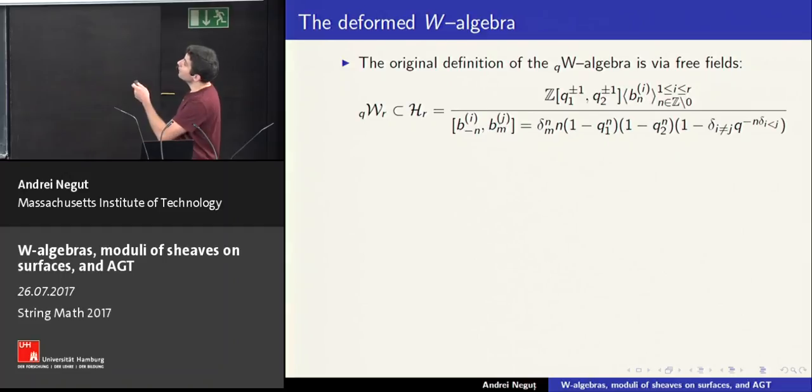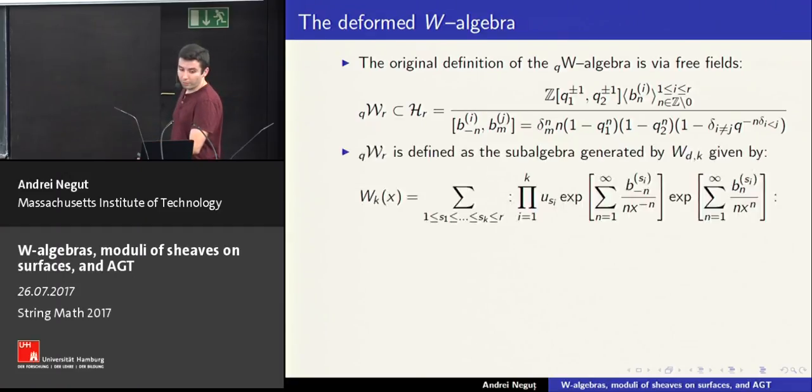So the Q-deformed W-algebra of type GL_R, by definition, is a subalgebra of a big Q-deformed Heisenberg algebra, which I call H_R, which is just like the Q Heisenberg algebra before, but instead of having a single family of bosons, it has R families of bosons. So it is a deformation of the Heisenberg algebra corresponding to the Cartan of GL_R, and this is the commutation relation of the defining bosons.